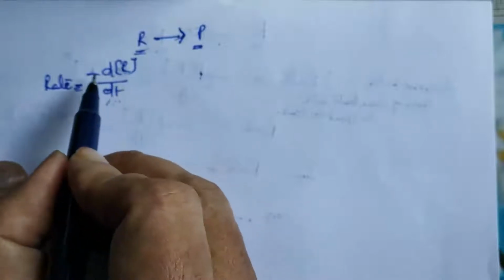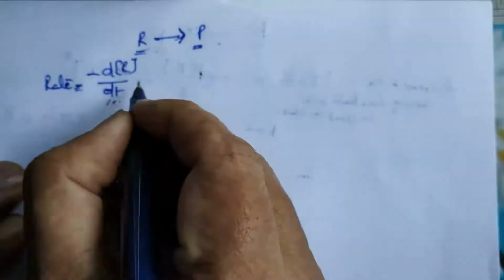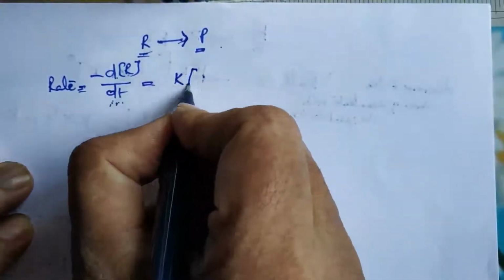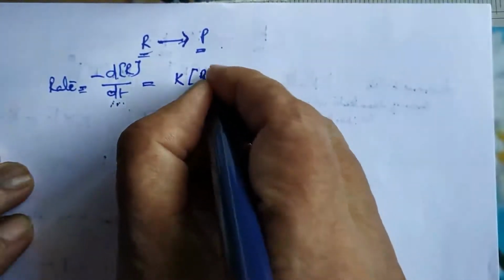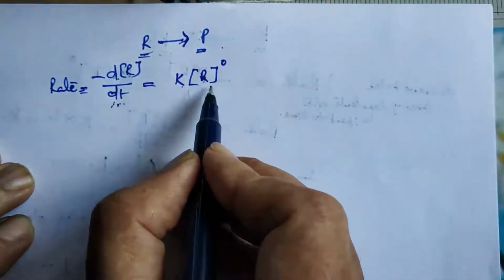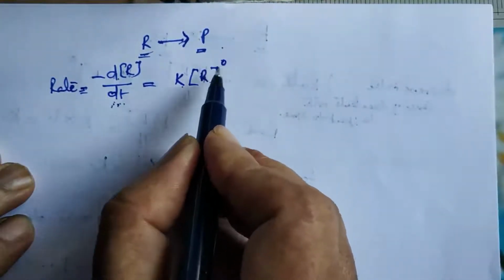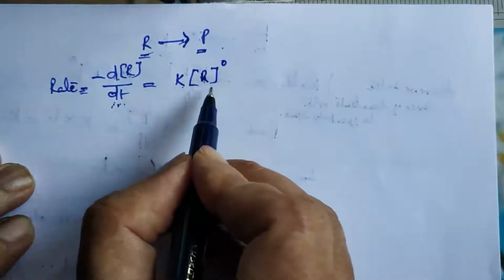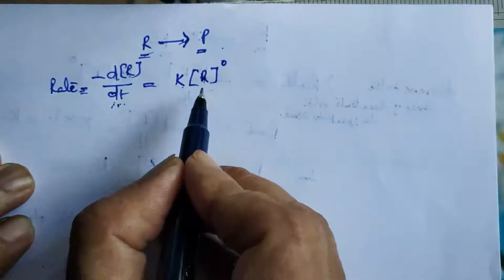So instead of delta, we will take d by dt, that is minus dR by dt is equal to k into, k is the rate constant, into concentration of reactants to the power of 0. Anything to the power of 0 becomes unity. So instead of R to the power of 0, we can write 1.